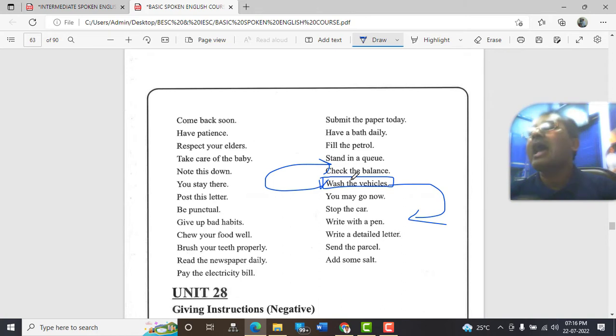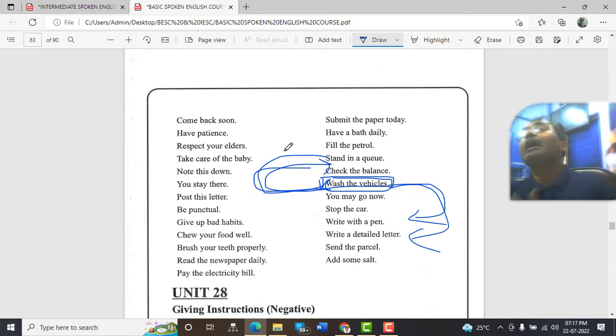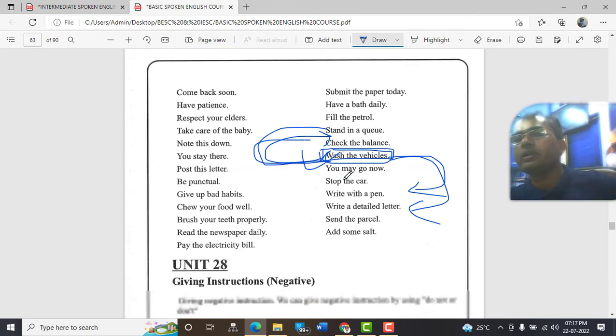He always asks his housekeeping boy to wash the vehicles without fail, and he keeps washing his vehicle at least once every alternate day. So can I use this sentence in the form of a conversation by adding a few sentences at the beginning and a few sentences at the end? That means I have gained vocabulary on this sentence. She can use this sentence wherever she wants, very comfortably. That skill set you will learn.